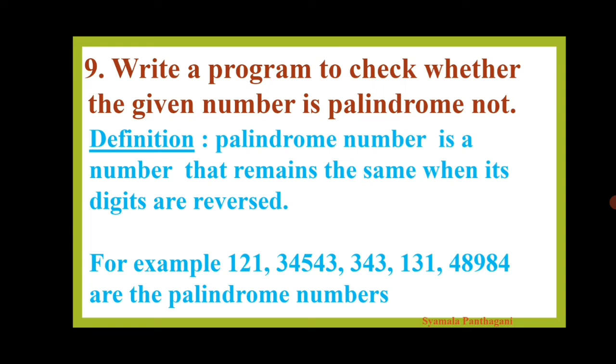If I reverse this number 121, the number is the same. Next one, 34543. If I reverse this number also, the number remains the same. 343. If I reverse this number also, this number remains the same. That's why numbers like these are called palindrome numbers.